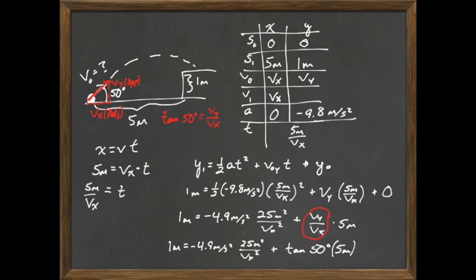So now we only have one unknown to solve for. Let's figure out how we can move this around and solve for Vx.